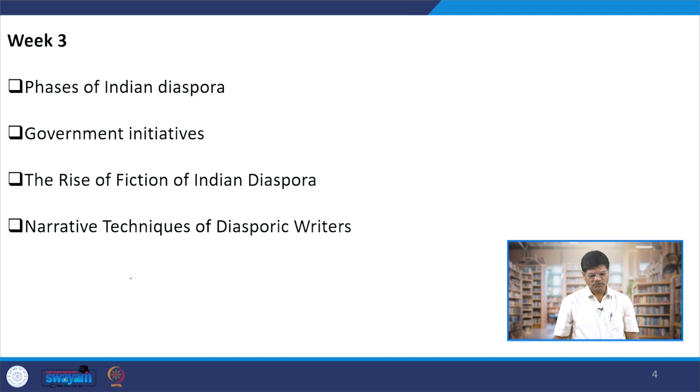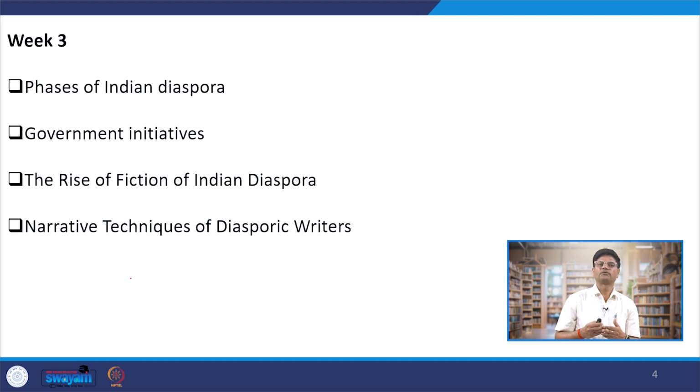And as a result, the Indians, popularly known as Girmitias, were taken to far off regions of the world, and they form part of indentured labor. But not only that, during that period we also found that many people also crossed the threshold on their own for finding better opportunities for trade and commerce as well.